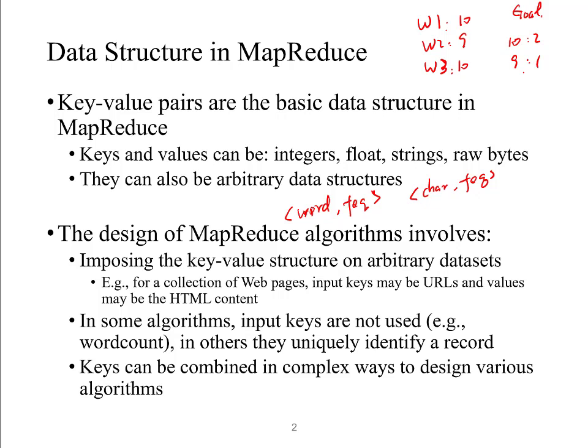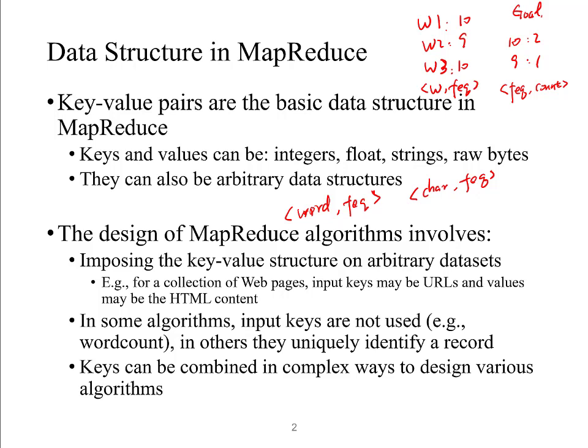So the key value pairs as your result would be the frequency and the count, while the key values at a certain stage of this MapReduce procedure would be word and frequency.